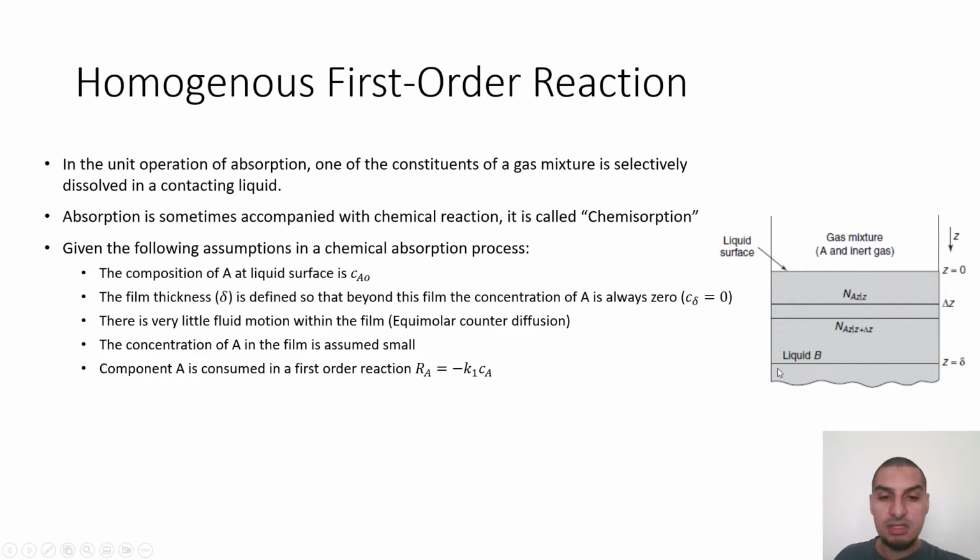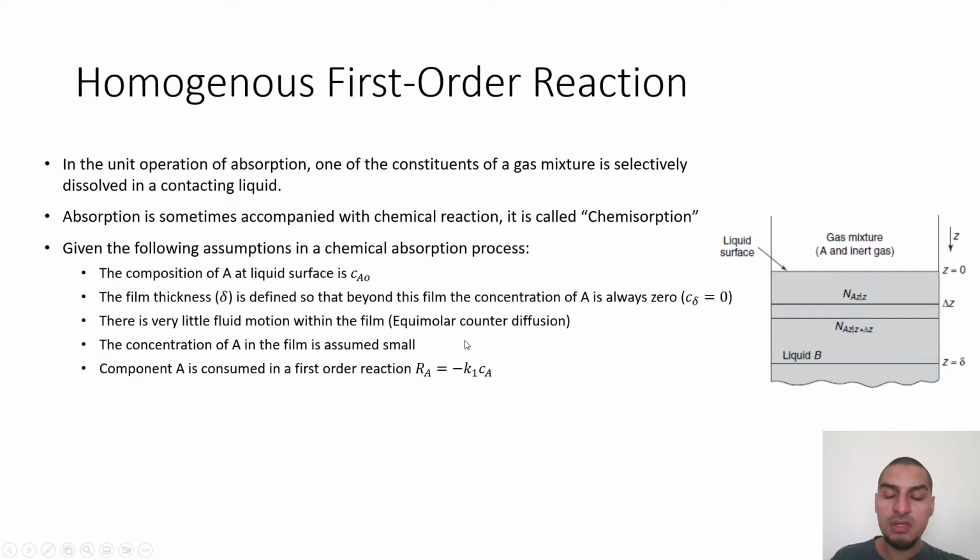The concentration here is 0, the concentration here is C_A0, and we assume that the diffusion is equimolar counter diffusion. So it's not unidirectional, it's equimolar, and this is important because it will make the solution easier for us, and it's also something that we will see in the results later, and I'll come back to this point later.